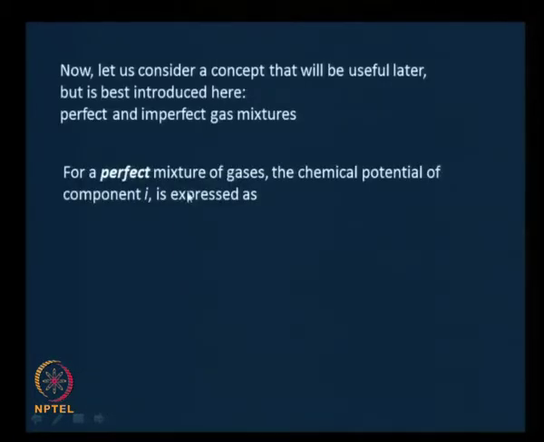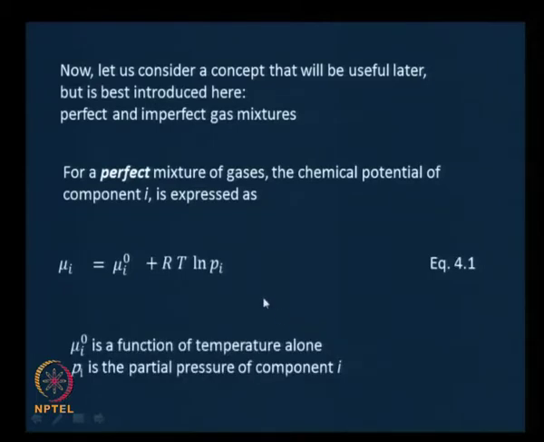And then we introduced the concept of a perfect mixture of gases. This is a concept, and we have used it quite a few times to develop ideas. A perfect mixture of gases is something for which the chemical potential of each component can be represented as mu i equals mu i naught plus RT ln Pi, where Pi is the partial pressure.